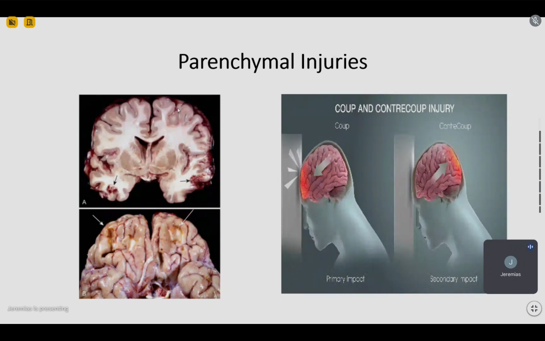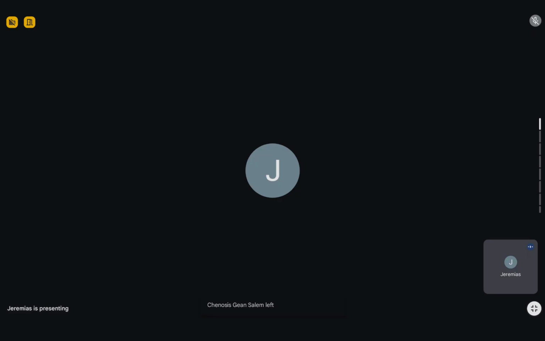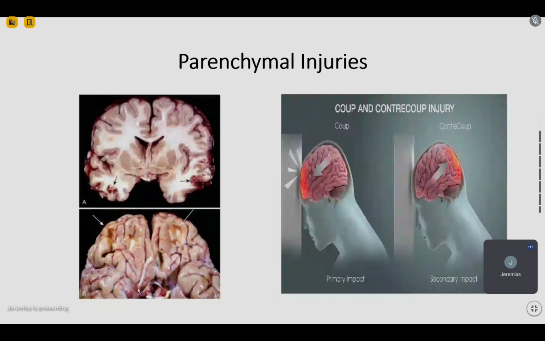So if you notice in concussion, these are what can be seen in the brain as shown in the picture.